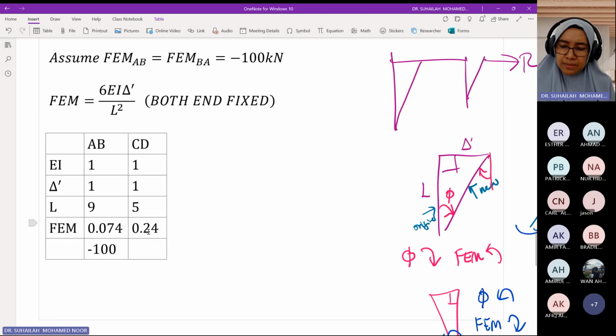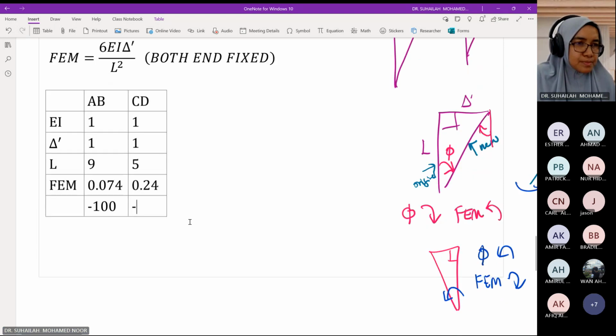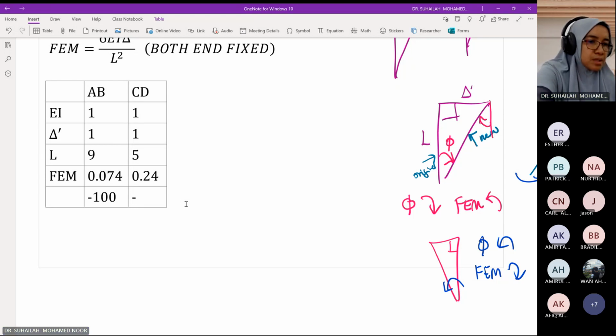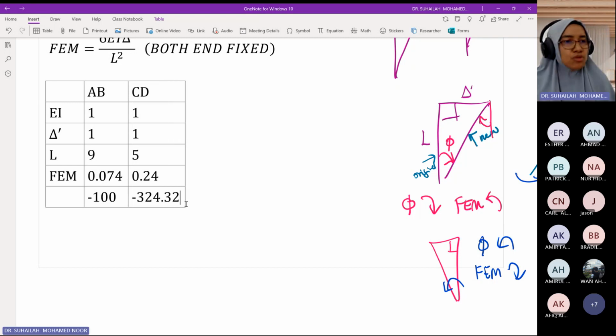It is 0.24 divided by 0.074 times 100, which gives what? Try calculating. Negative 324.32. Okay, that is if we use 0.074 and 0.24.